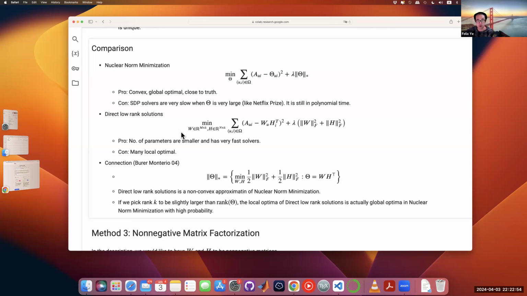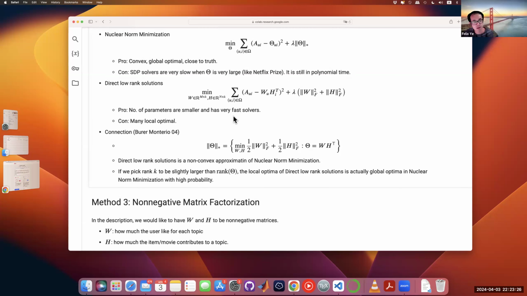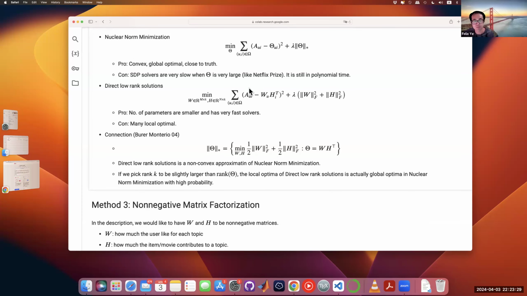And you can just apply an ALS algorithm to that problem, and we can show it can always converge to this global optimum that we are interested in with very high probability. So this is a very significant result. So basically, if you choose k correctly, you can always find a good solution. All right, so that's one thing.